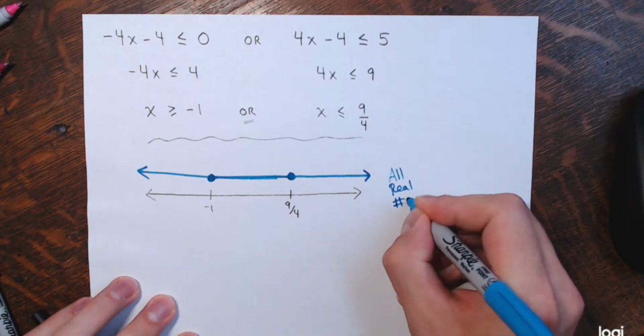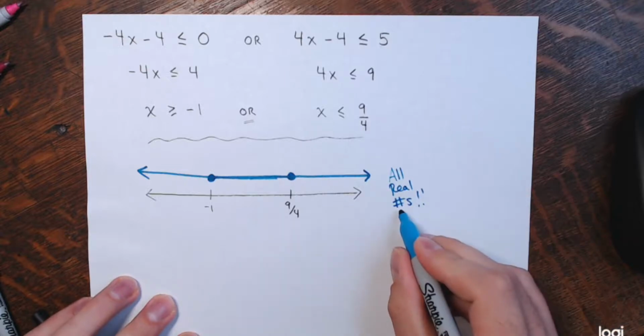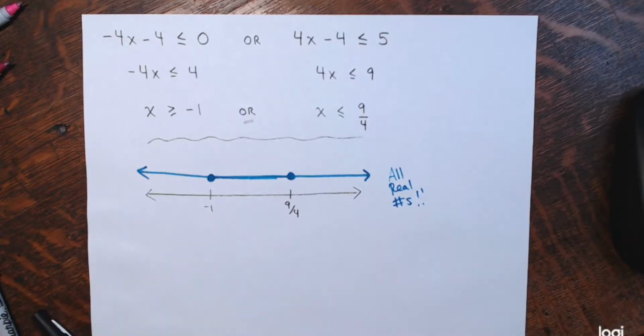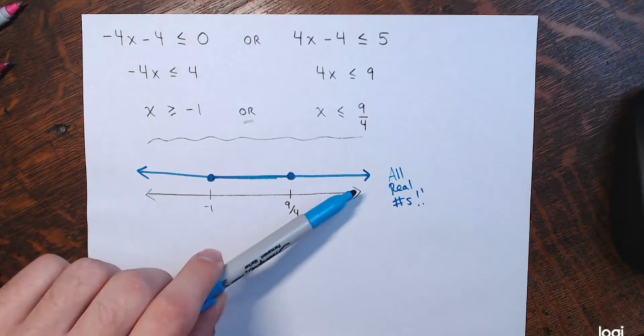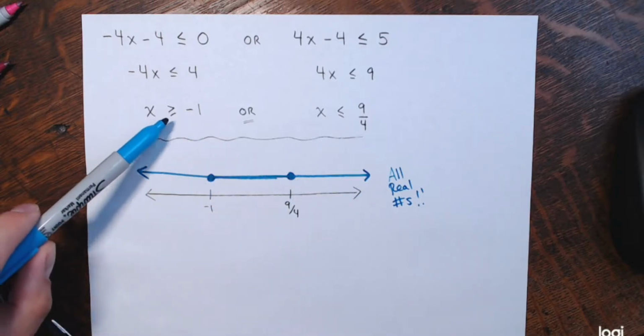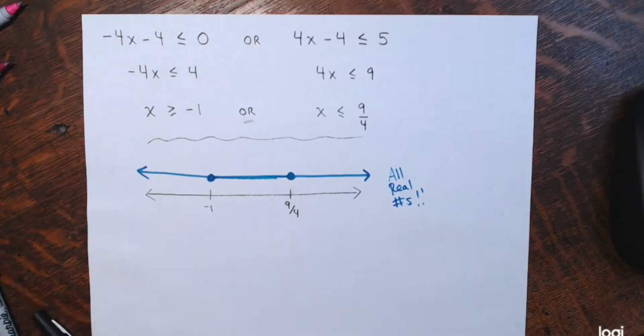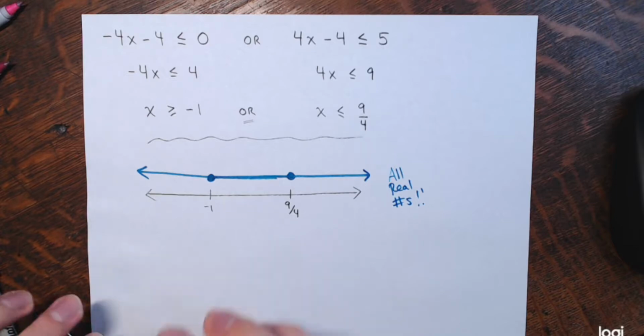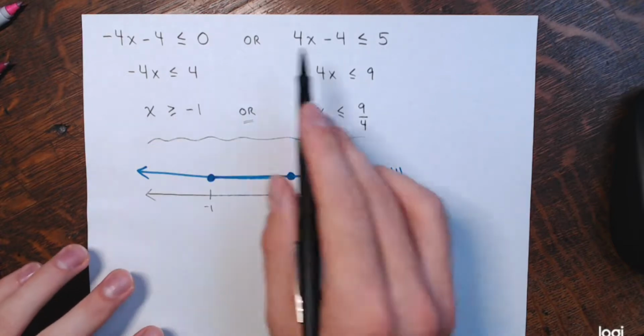Let's put all real numbers, like the little octothorpe for number. No matter what number you pick, it's going to satisfy this inequality or that one. And it's going to satisfy at least one of them. So every single real number is a solution to this compound inequality.